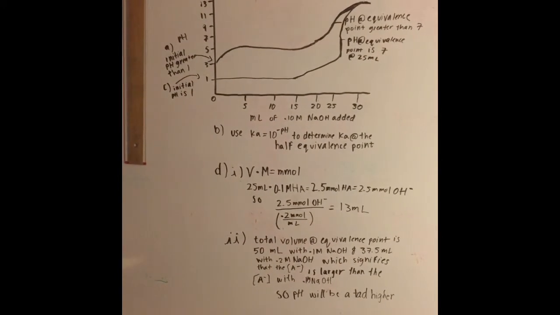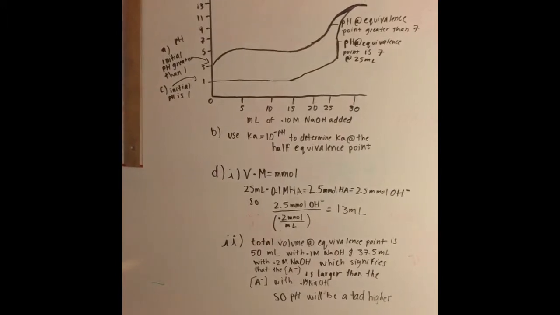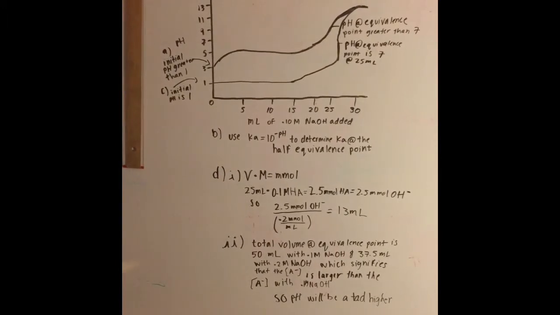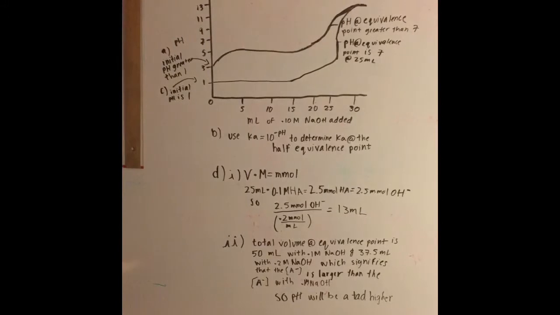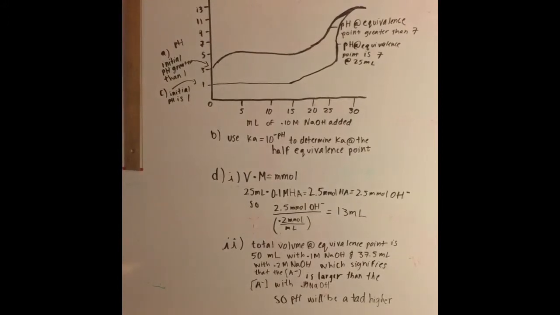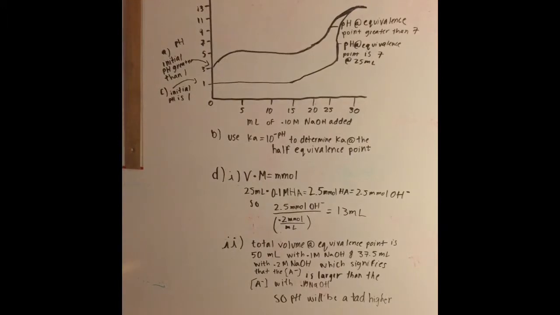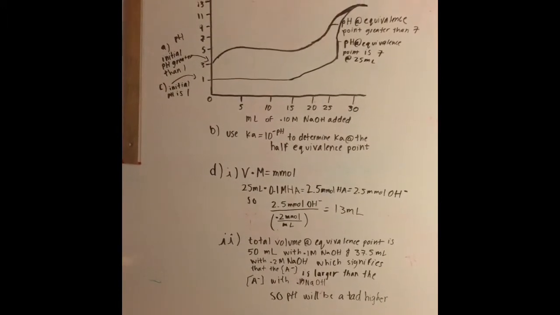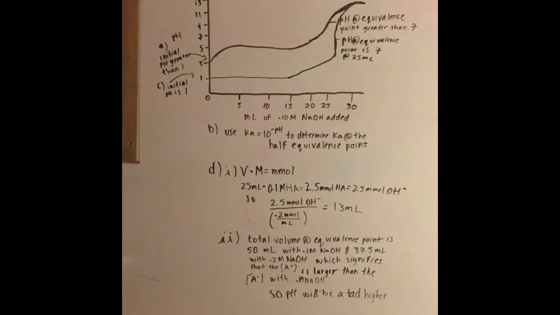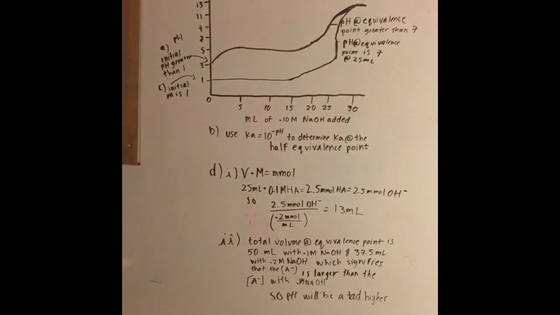Then part 2 asks, the pH at the equivalence point for this titration is slightly higher than the pH at the equivalence point in the titration using 0.1 molarity NaOH. Explain. Okay, so here you know that the total volume at the equivalence point is 50 milliliters with the 0.1 molarity NaOH.